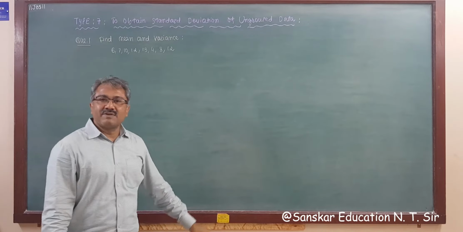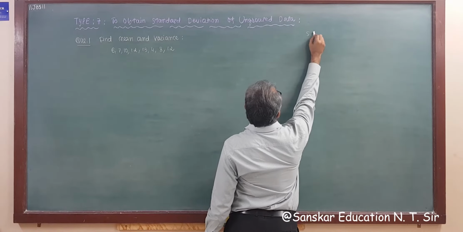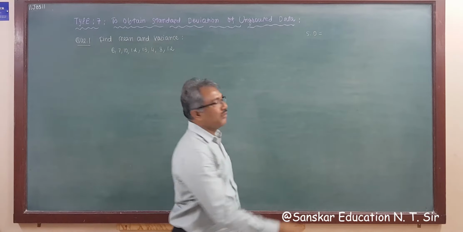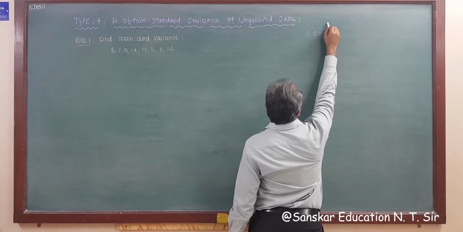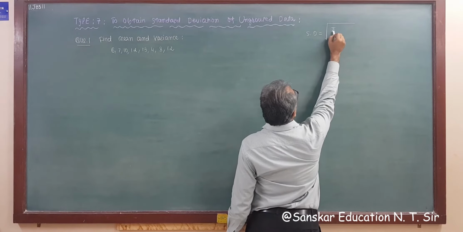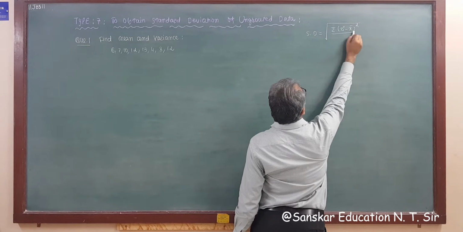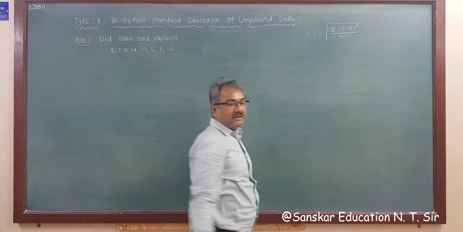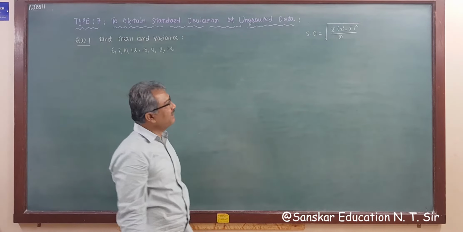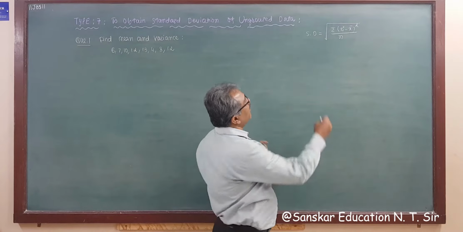As we saw earlier, the formula for standard deviation is equal to the square root of sigma xi minus x bar whole square upon n. The square of this is called variance.